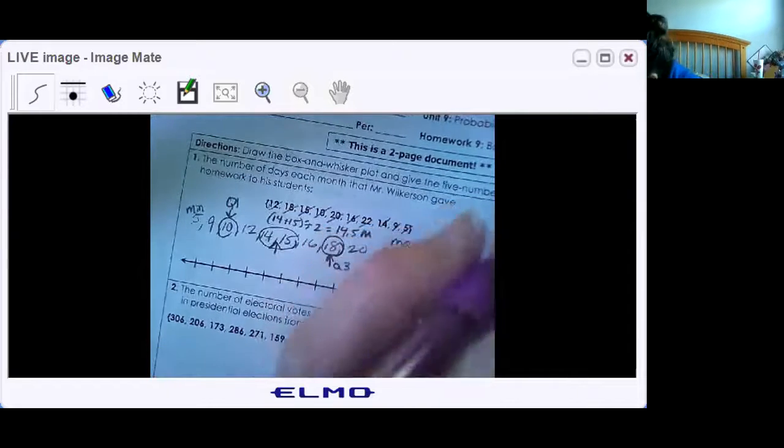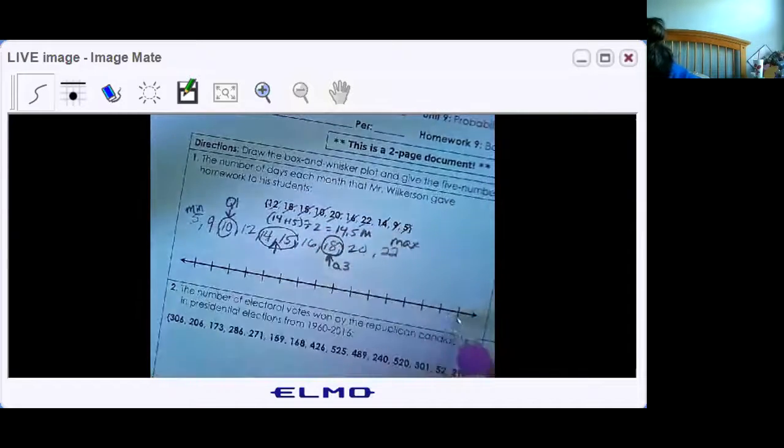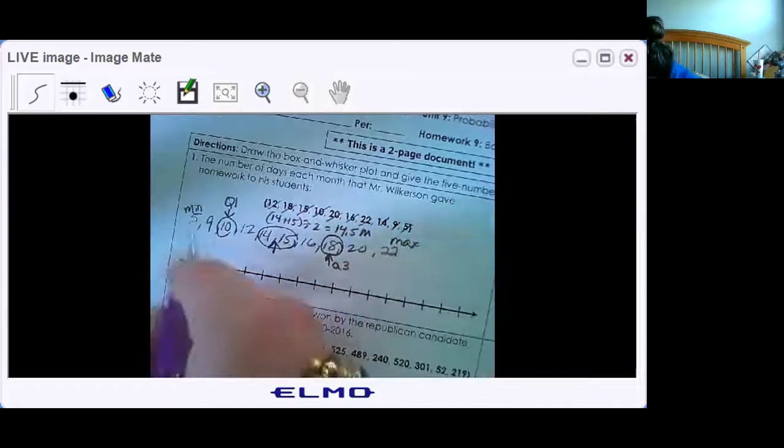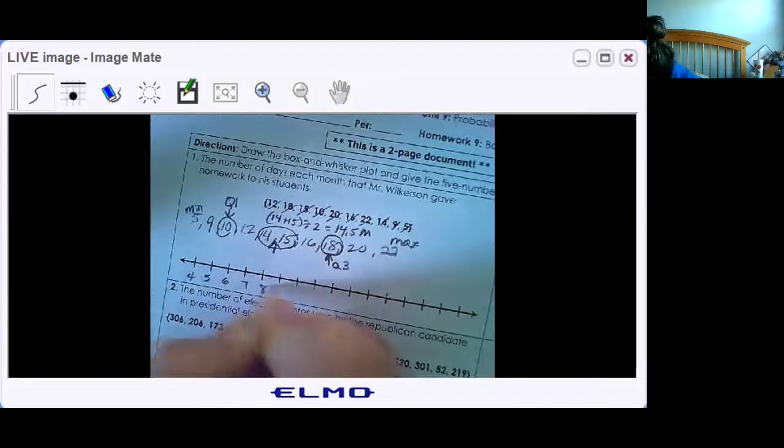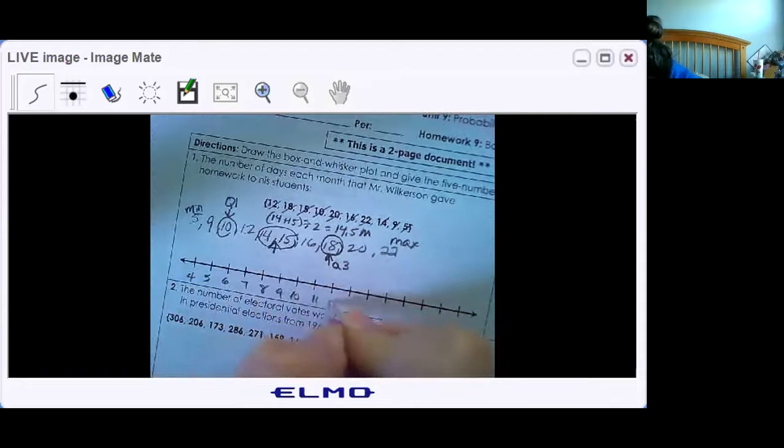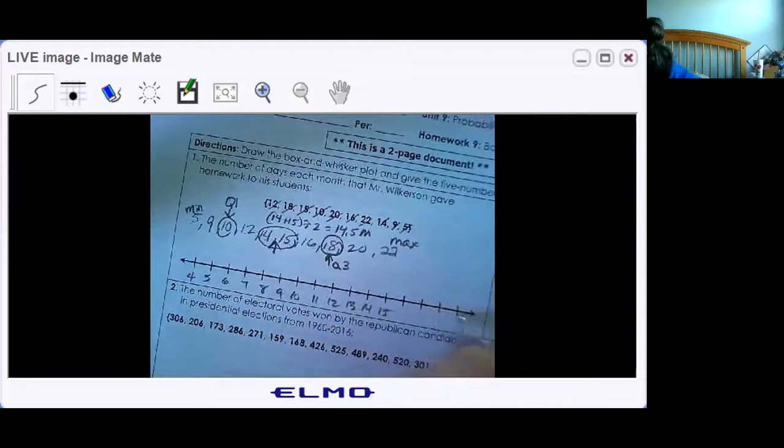Now let's make our plot. I know I have to go from 5 to 22. So I'm going to do 4, 5, 6, 7, 8, 11, 12, 13, 14, 15, 16, 17, 18, 19. Not enough.